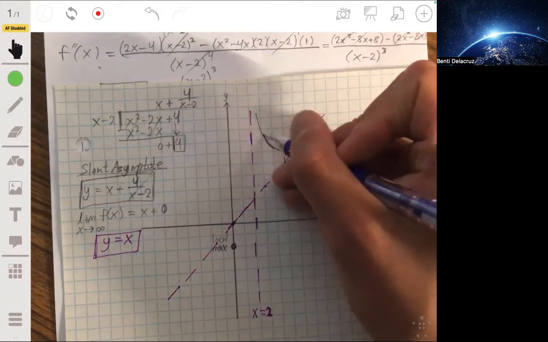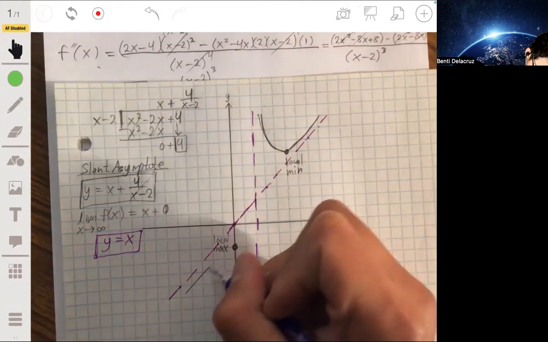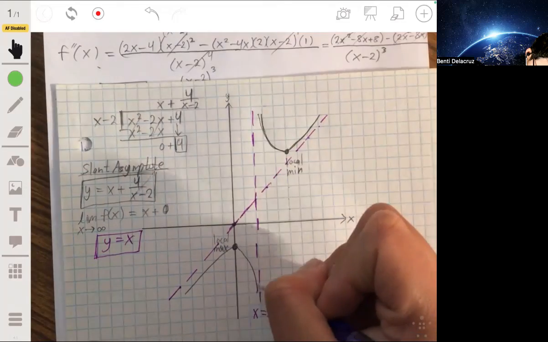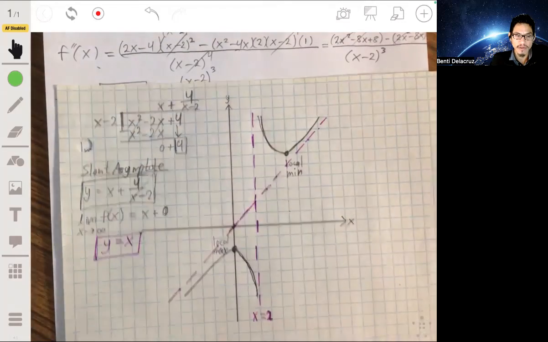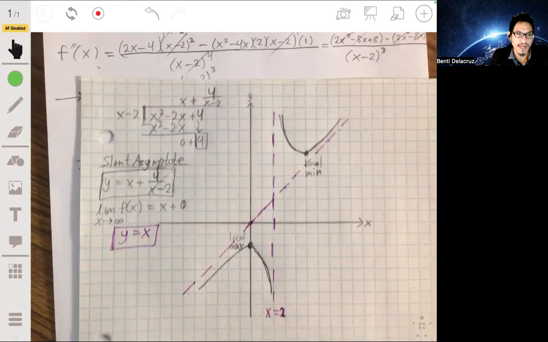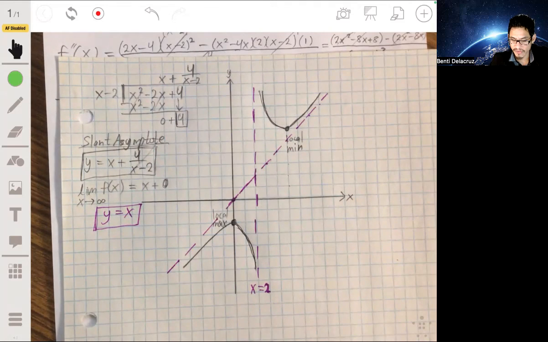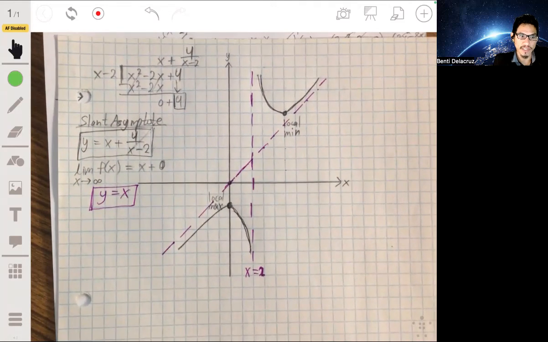So it's going to be doing this sort of thing. Right, there you go. That was a long one, but this is a good one because if you can do something like this, the graphs don't really get more complicated or more tedious than this. So this is a good one to study off of.